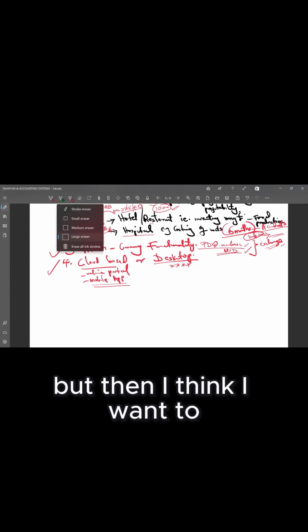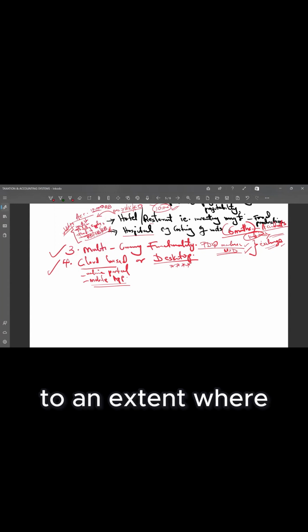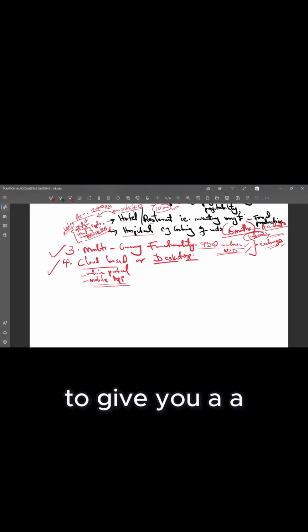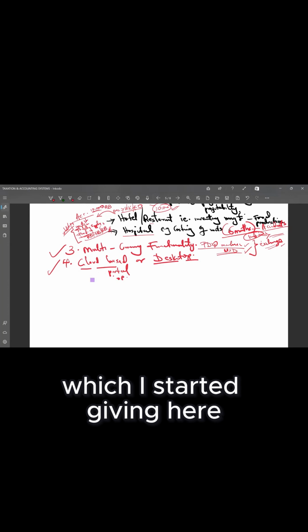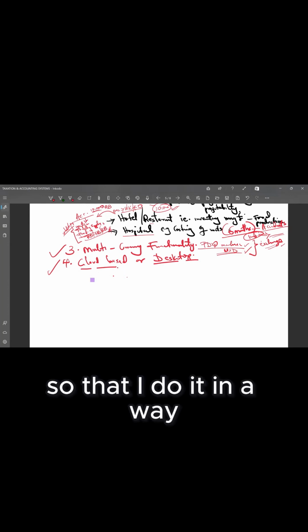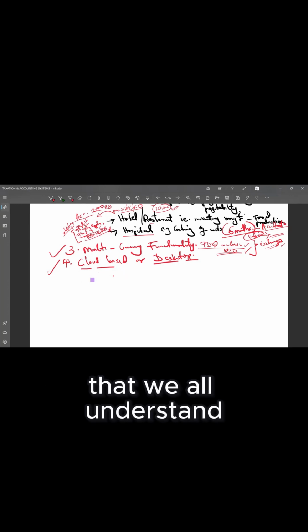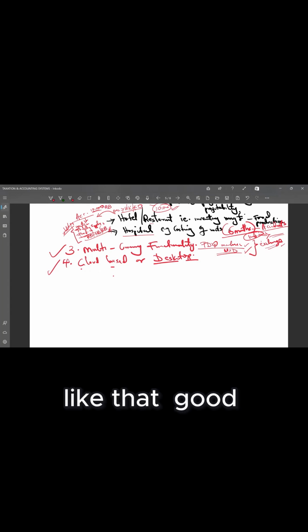But then, I want to go to an extent where I give you a very organized breakdown of these two. So let me just rub off this writing which I started giving here so that I do it in a way that we all understand and we move together with it like that.